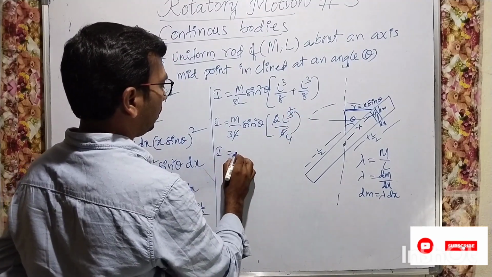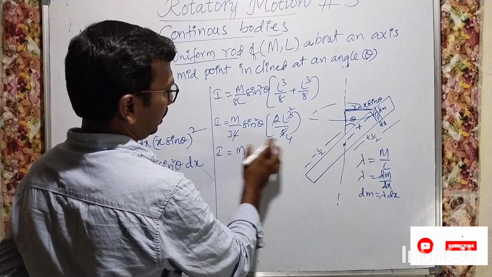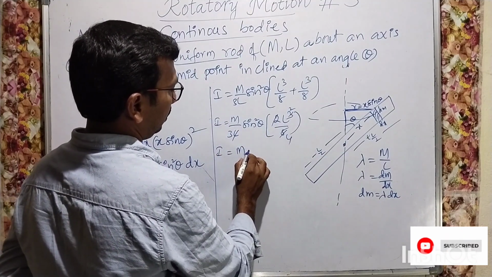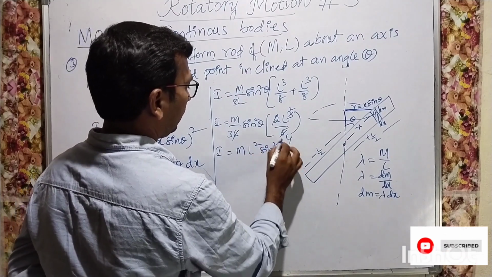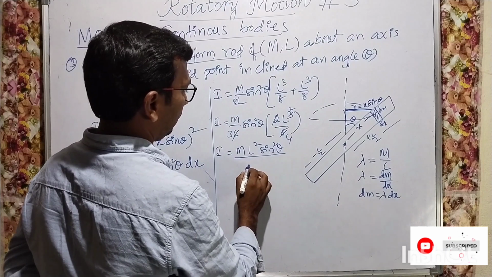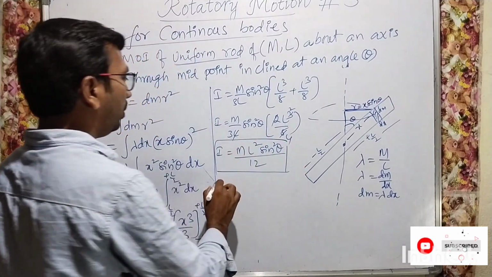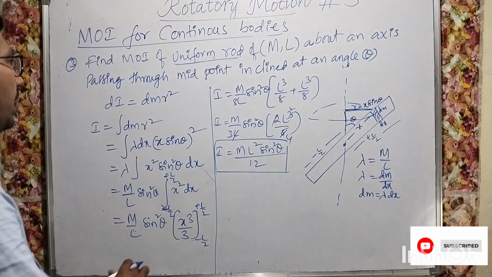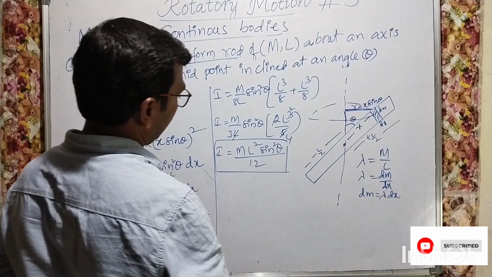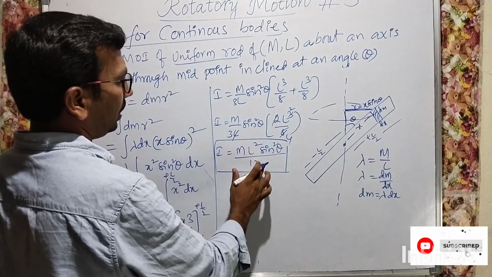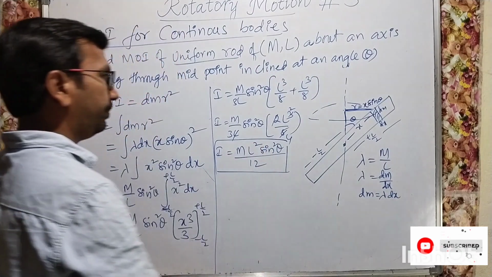I is equal to m, 3 4 ja 12, m L square sin square theta by 12. So this is the moment of inertia about an axis passing through the midpoint inclined at an angle theta. So I is equal to mL square sin square theta by 12.